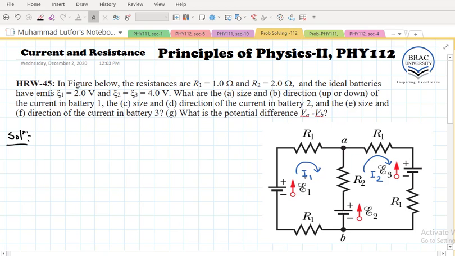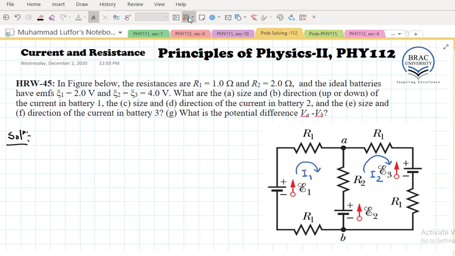After this assumption, if I find that I1 and I2 are positive, then the current moves in that direction, which means clockwise in both loops. But if I find that I1 and I2, or any one of them, is negative, then the current will flow in the opposite direction, that means counterclockwise.